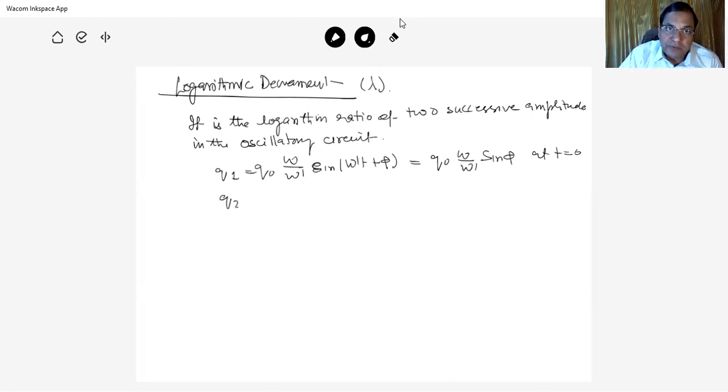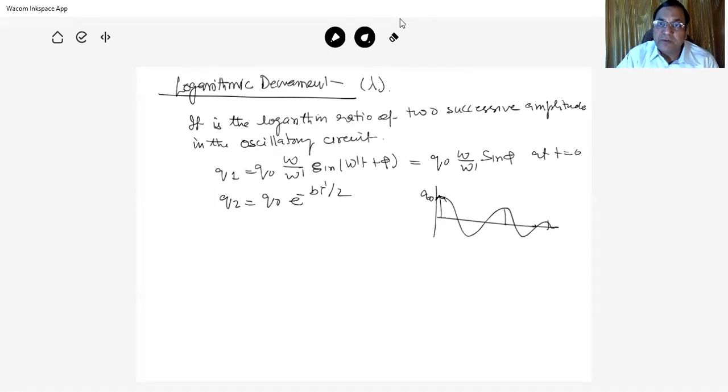So Q2 is equal to Q0 e raised to the power minus b t dash by 2, because we take the amplitude after two successions. This is A0, here it is A1, here it is A2.